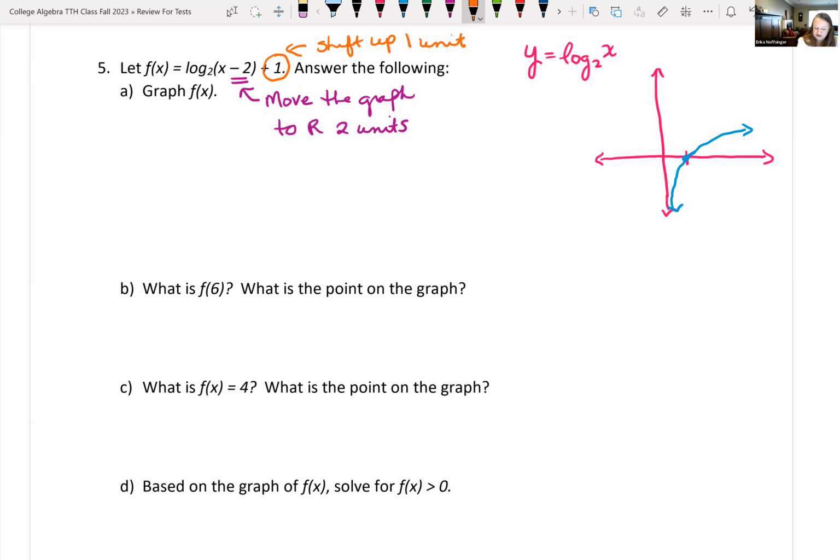And I can now use my transformation. So if I move that to the right 2 from there and up 1, it's going to look like that right there. And my vertical asymptote that was at x equals 0 is now going to become a new vertical asymptote at x equals 2. And so I would have some sort of graph that looks like this.